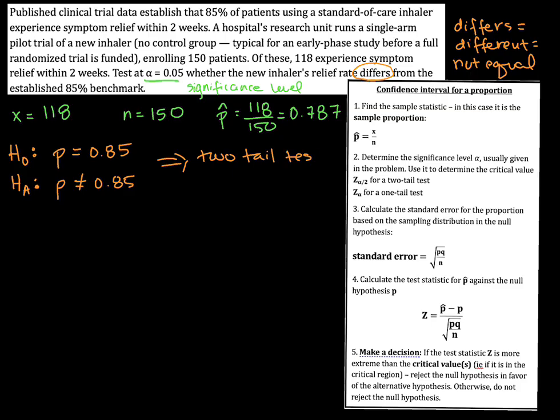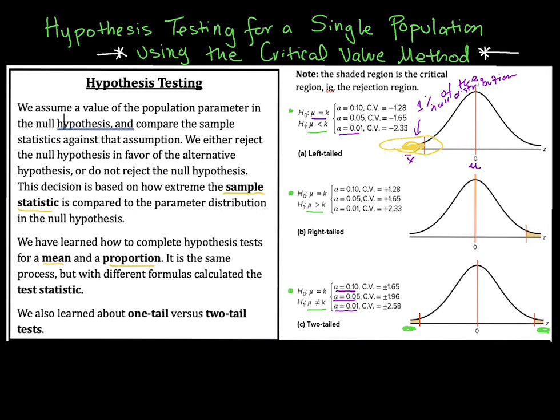Since it's a two-tailed test, we have to divide alpha in 2. So we're taking alpha and dividing it by 2. But technically we already know the critical values for a two-tailed test. If we go to our previous screen, for a two-tailed test when alpha is 0.05, the critical value is plus or minus 1.96, and that already accounts for alpha being split into 2.5% in each tail.